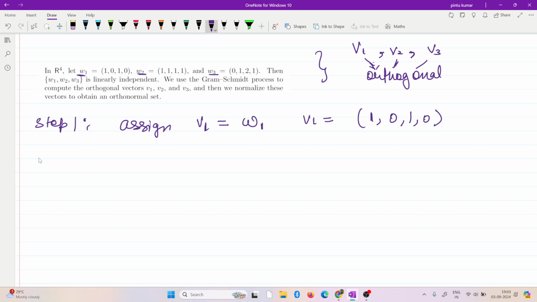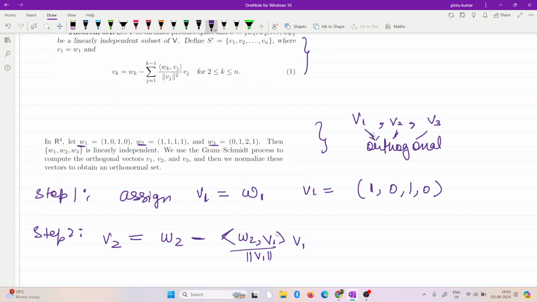Step two is when you find V2. V2 is given by W2 minus the dot product of W2 with V1, divided by the norm of V1, times V1.